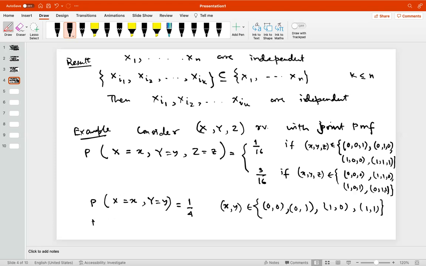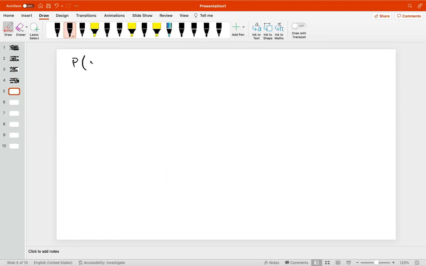Similarly, you can check that the probability of x equal to x and z equal to z is 1 by 4 for all x, z in this set. We just call this set S. And similarly, the probability of y equal to y and z equal to z is 1 by 4 again, for y, z belonging to that set.